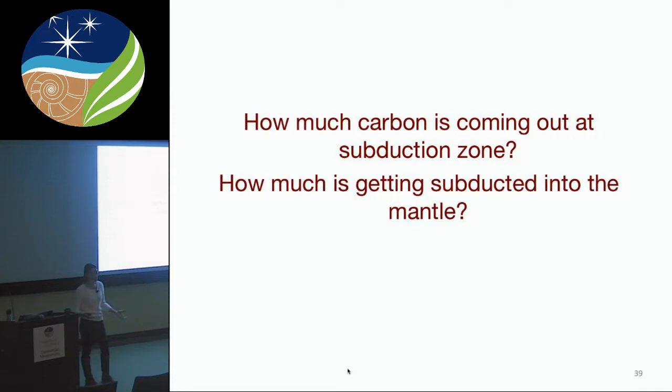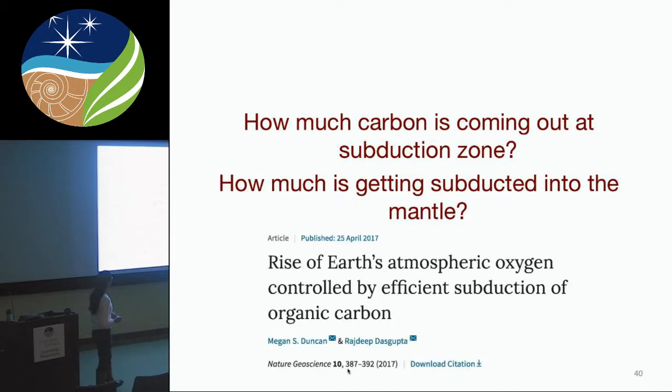So the simple question I'm trying to answer is how much carbon is coming out and how much is going in. And I'm going to use two-phase flow modeling to figure that out. This is important, like I said, for natural hazards like earthquakes and volcanic eruptions, and it's also long-term, which I'm interested in because of early Earth.